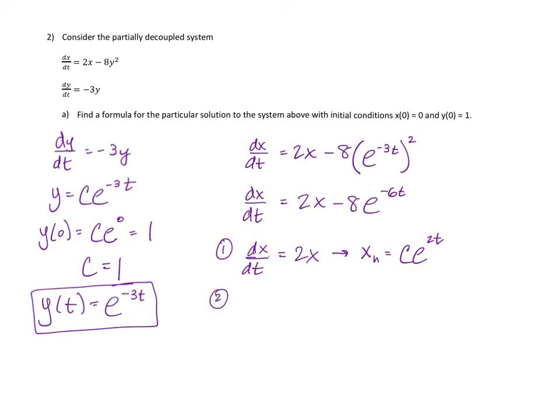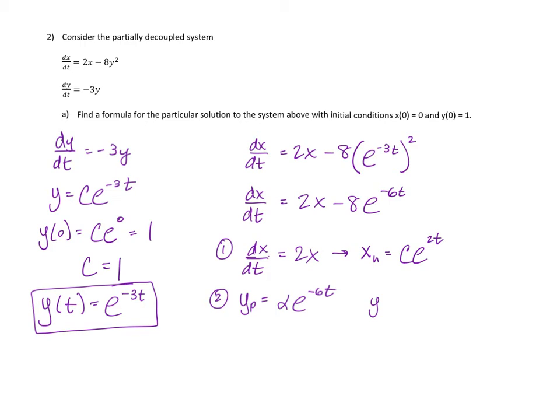Step 2 is to guess a particular solution. This is the lucky guess part. So my x particular is likely to have the form of the forcing function. So it would be like alpha e to the negative 6t. That's an x particular, sorry.